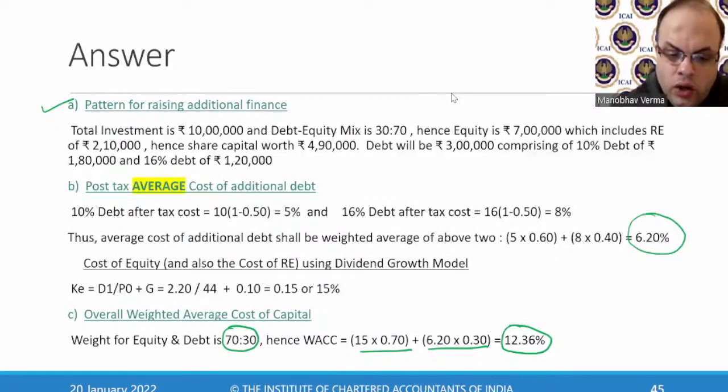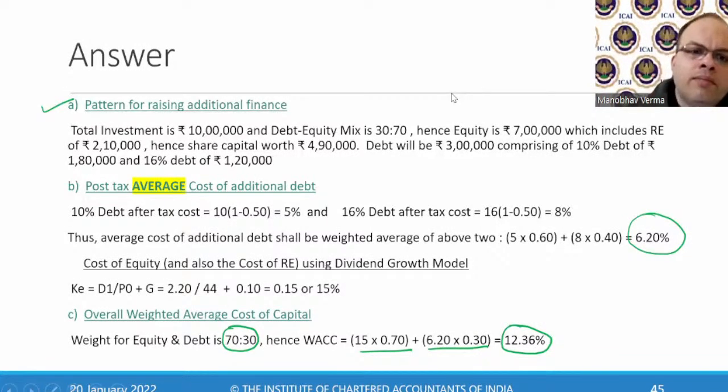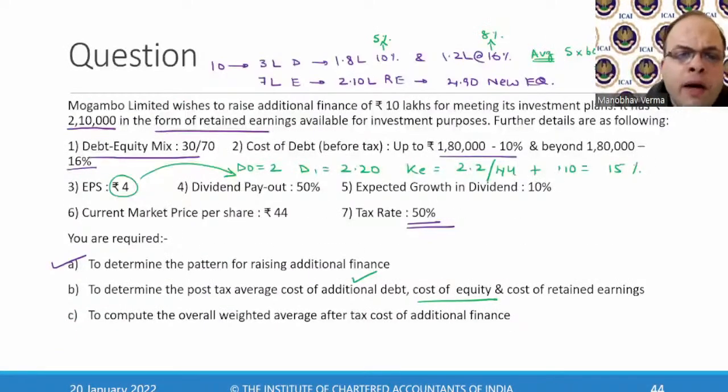Great. So Khushi had a question here, part B once again. In part B, they were asking us the post-tax average cost of additional debt, Khushi, and there were two types of debt, one at 10% and one at 16%.